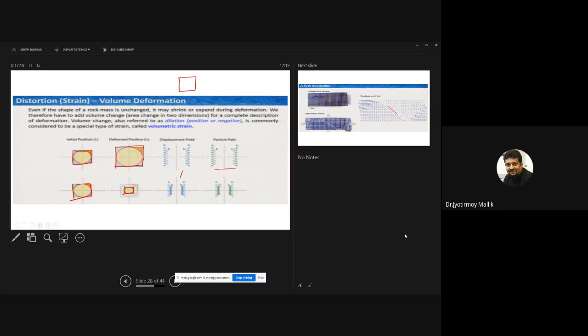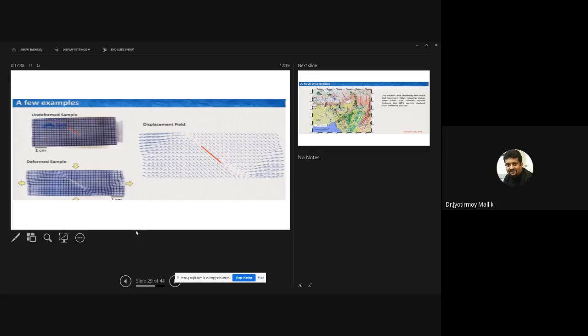I hope this is clear to you. Okay, and this sort of strain we call volumetric strain. Okay, dilation, positive or negative dilation. Positive dilation means increase in volume, and negative dilation means reduction in volume.